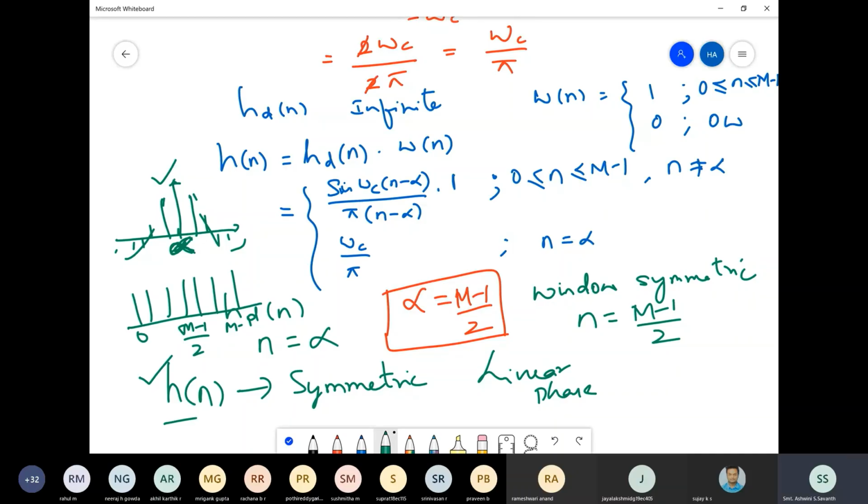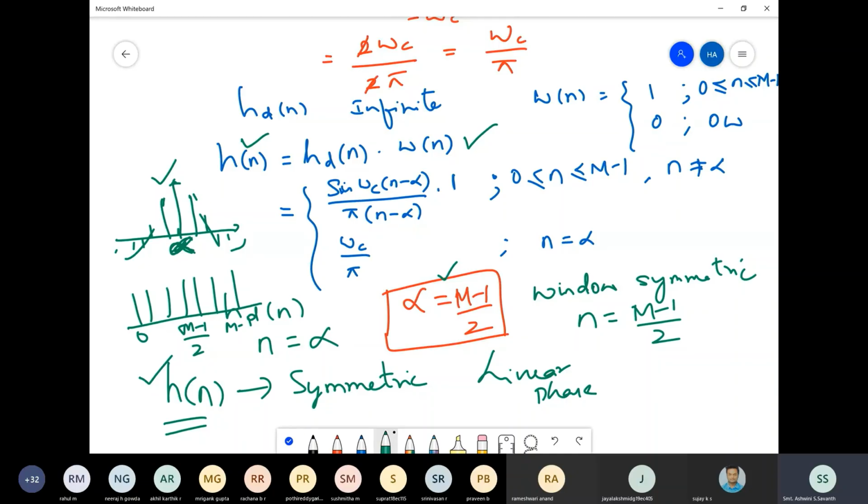That is, h of n may not result in a symmetric function. But if you set alpha to be m minus 1 by 2, then when you multiply hd of n into w of n, your h of n also will be symmetric in nature. Okay, so we got the condition for alpha.